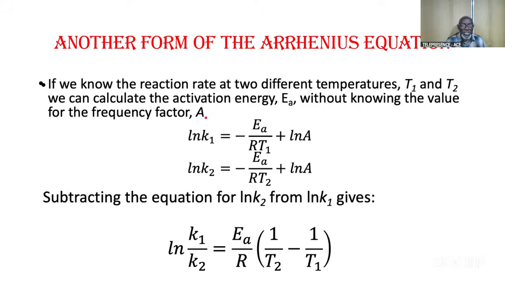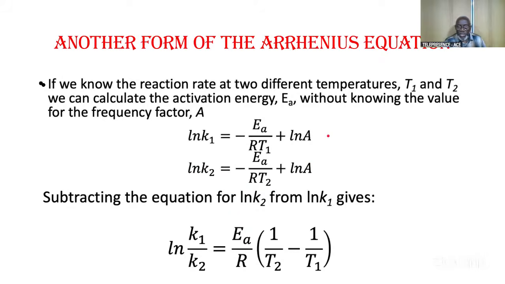So take, for example, we'll take the log of K1. It will give us this, in terms of T1, and then we can do the log of K2 in terms of T2.